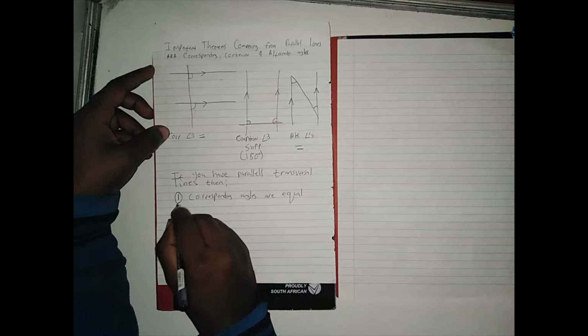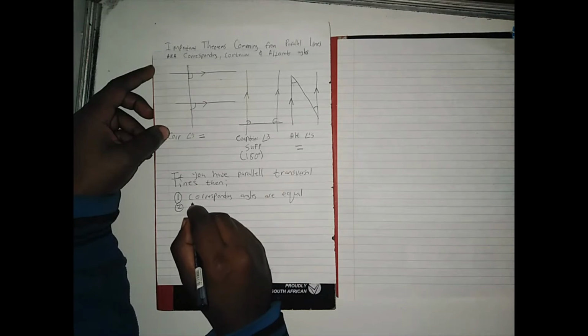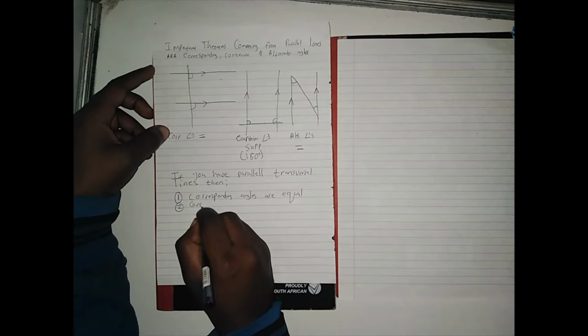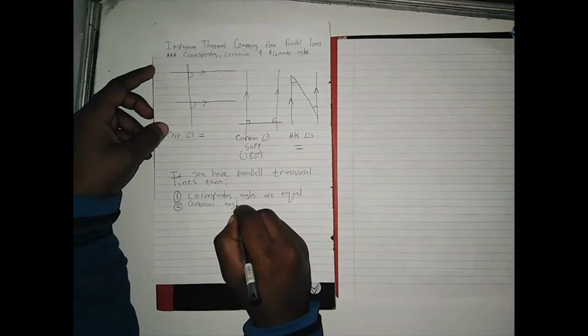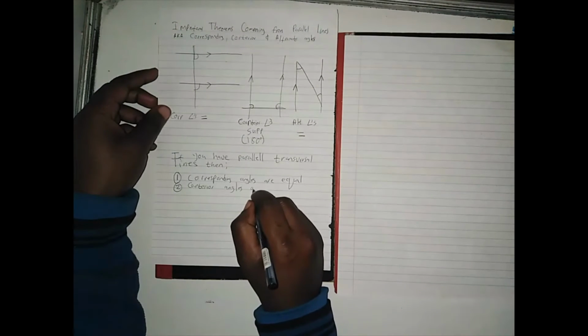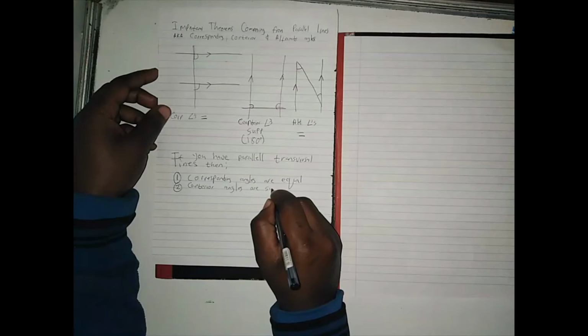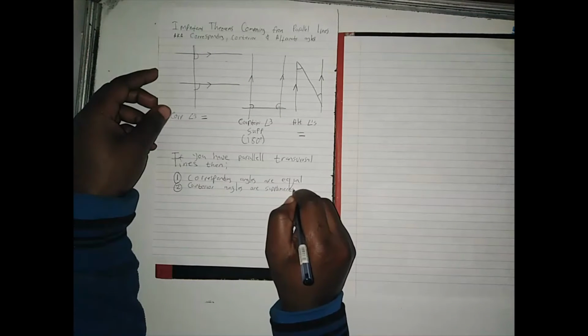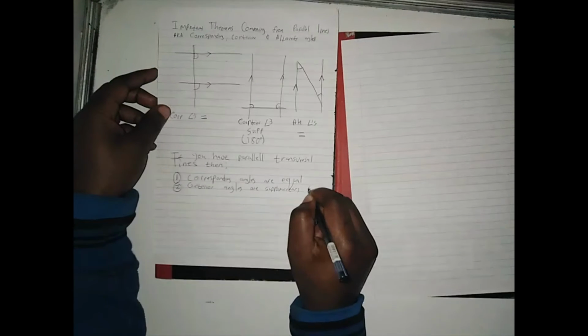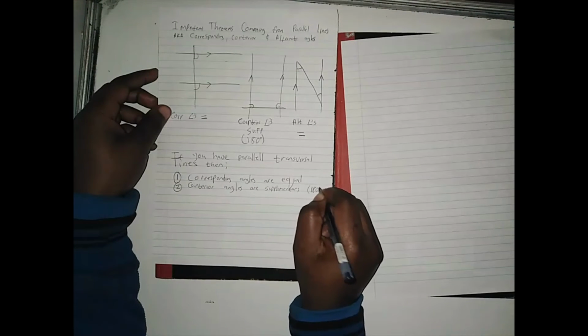And then number two, co-interior angles are supplementary, which means 180 degrees.